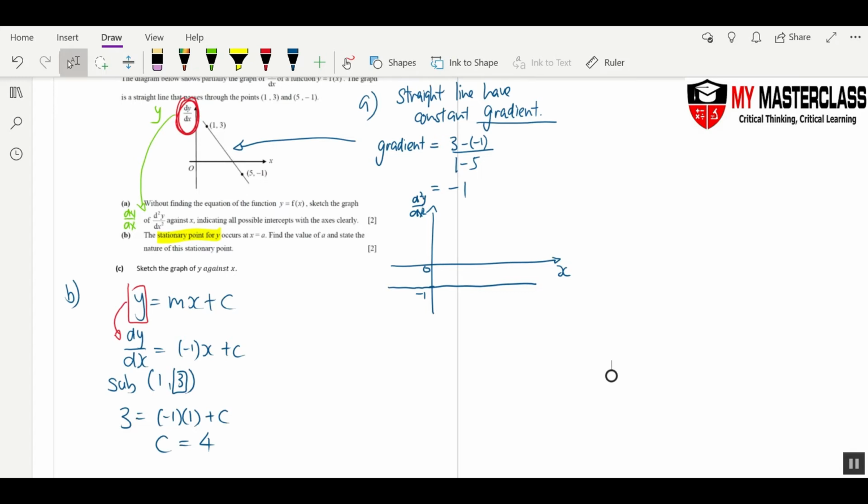So that's why you will get the equation dy/dx equals negative x plus 4. Alright? So to find the stationary point when dy/dx equals 0, negative x plus 4 equals 0, x equals 4.